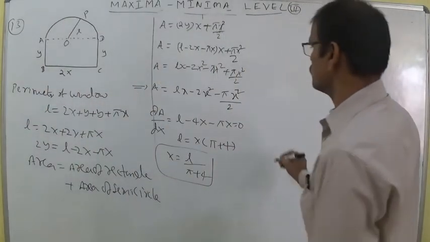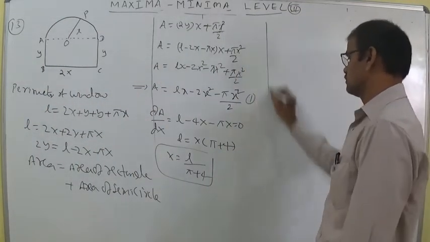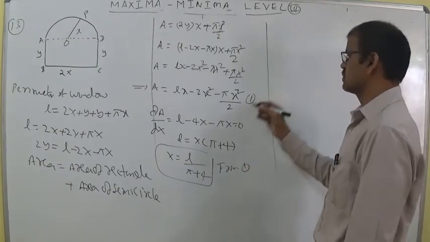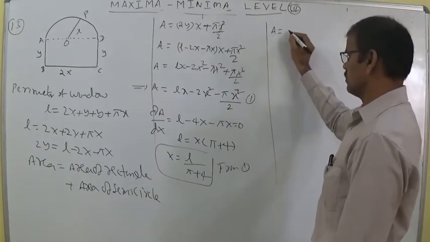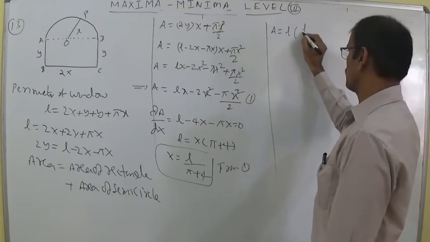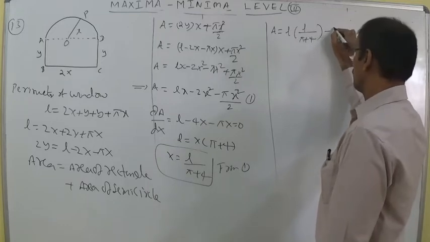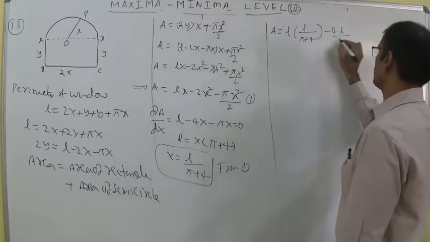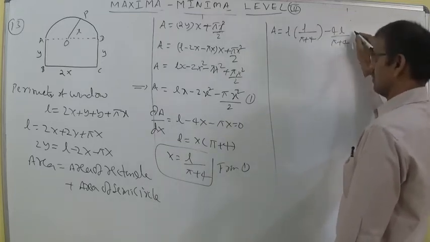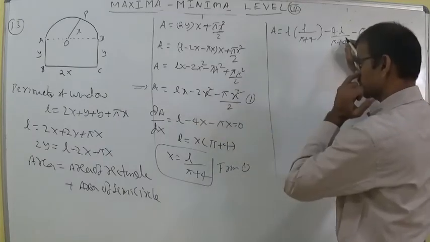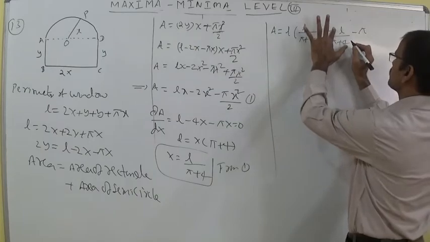You substitute the value of x in 1. From 1 I am writing. L into L by pi plus 4, minus 4 into L by pi plus 4, minus, here students, not 4, 2x square.